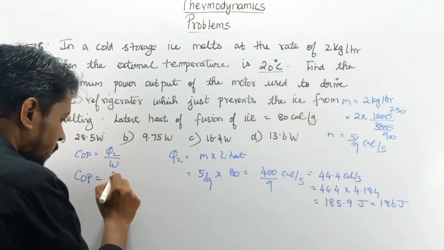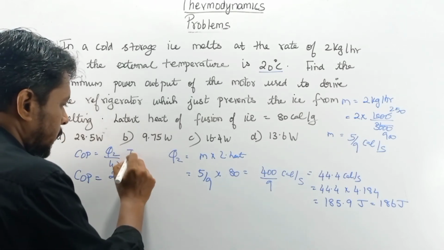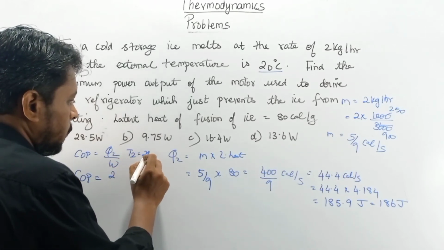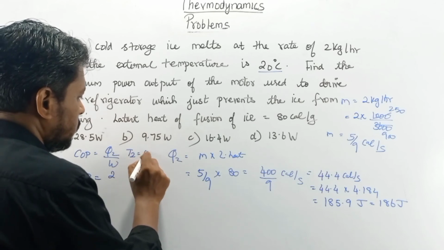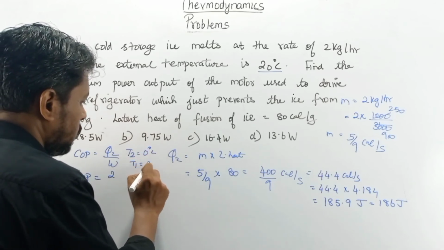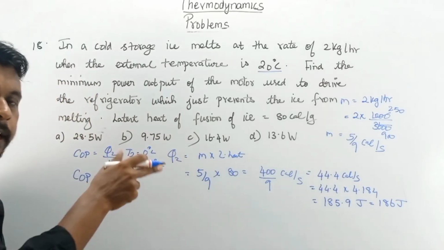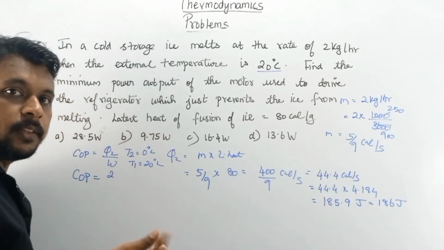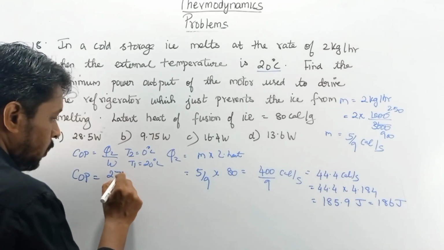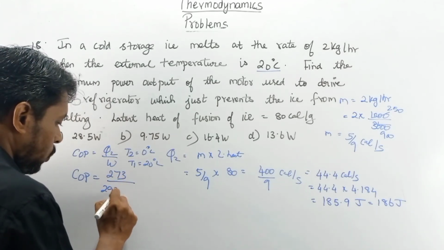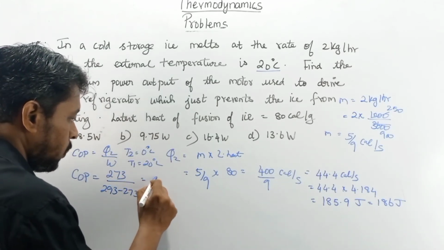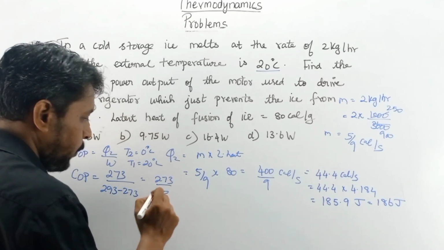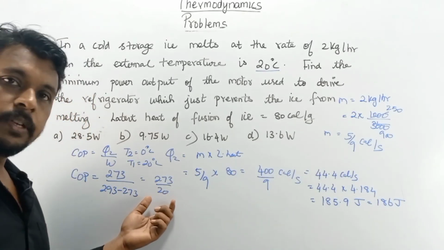So here T2 is equal to 0 degrees Celsius and T1 is equal to 20 degrees Celsius. When you convert into Kelvin, 0 is 273 and 20 means it is 293. So 273 divided by 293 minus 273 is equal to 273 by 20. So COP we have got as 273 by 20.